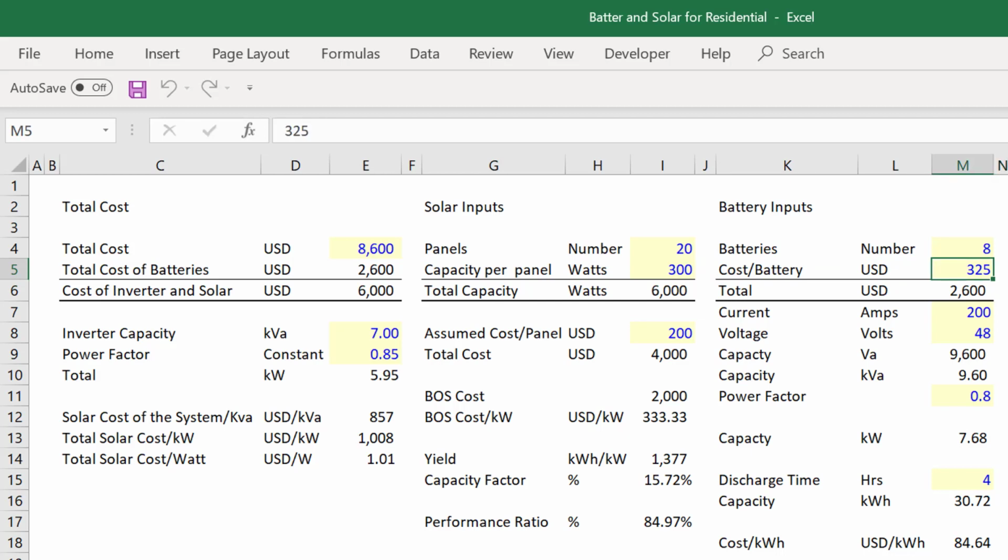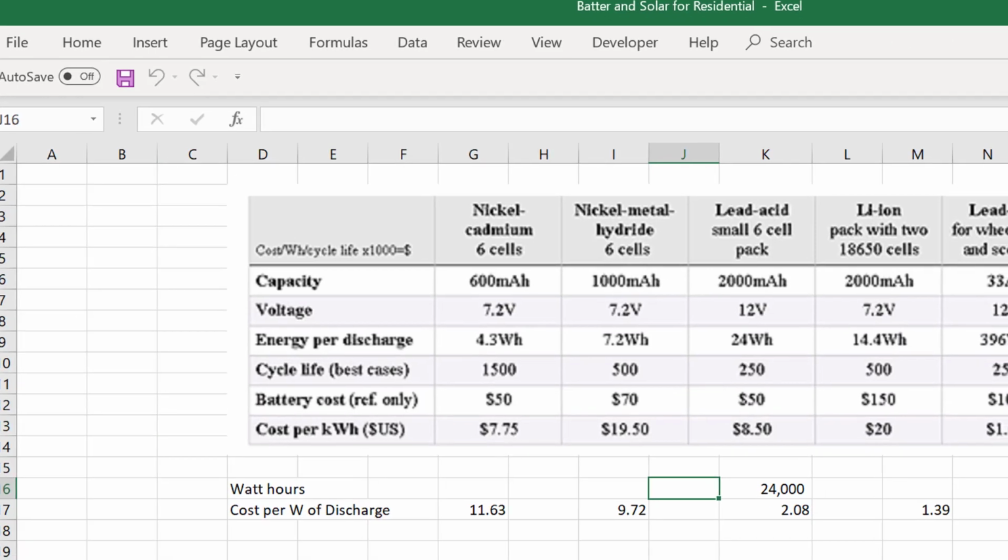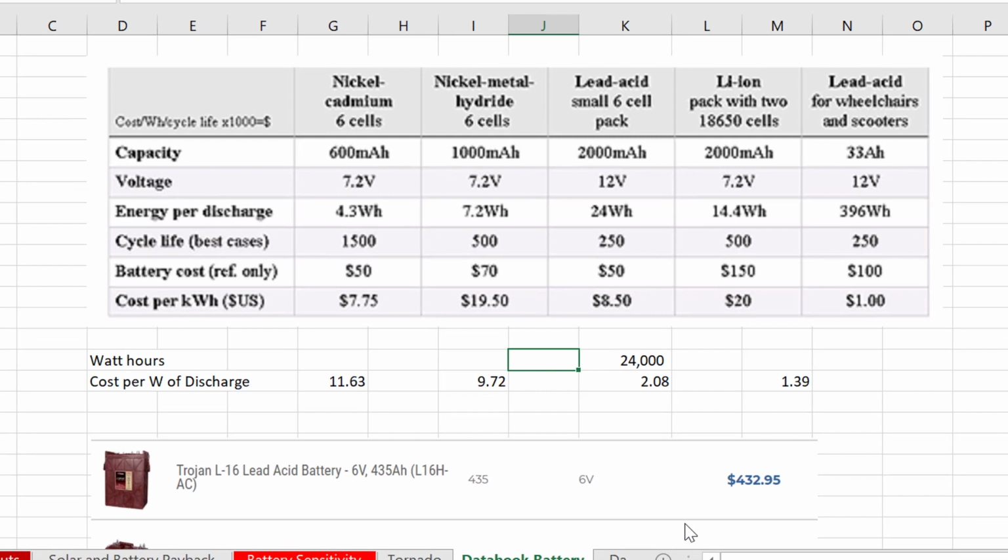Now these batteries, excuse me, I'm going to go to a little data book. I think these models have something called a data book. I just clicked and asked, was this man telling me correctly? And here's a lead acid battery, and here are the amps and the voltage, and they multiplied them together to get the kilowatt hours.